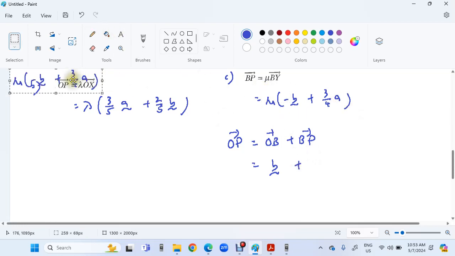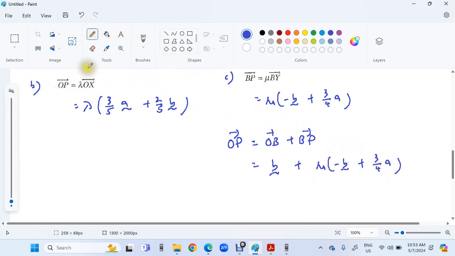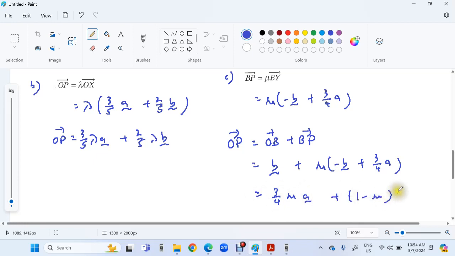So OP is actually 3 over 5 lambda A plus 2 over 5 lambda B, and this one will be 3 over 4 mu A plus (1 minus mu) B. So I expand this one, it will become B minus mu B plus 3 over 4 mu A.